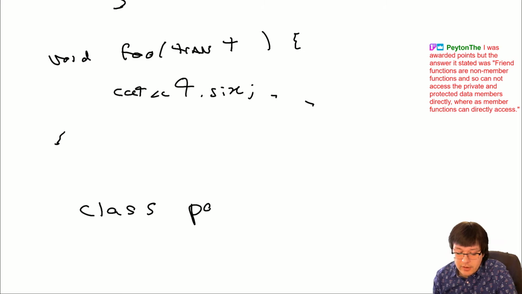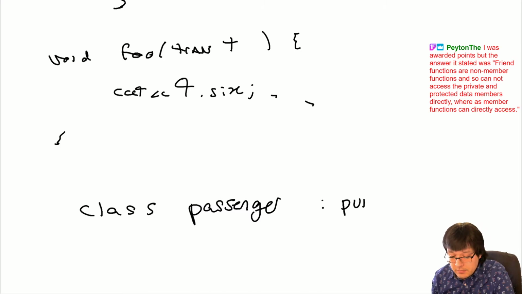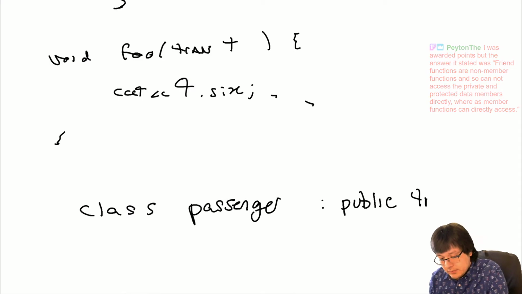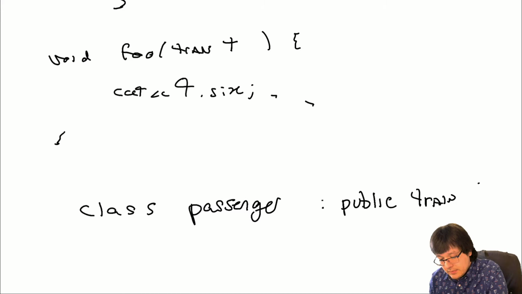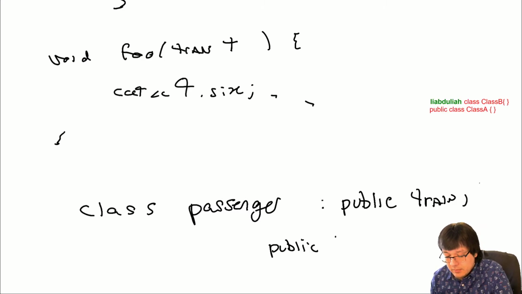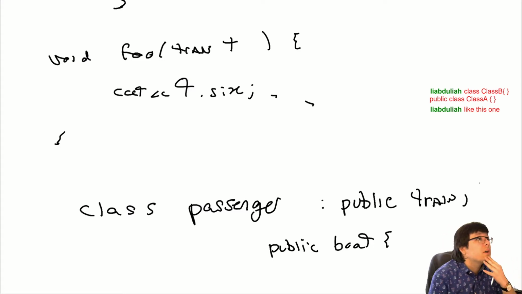If you're inheriting the train class in passenger, you say something like class passenger colon public train. This would be inheritance right here. You can do multiple inheritance by putting a comma between each of the inheritances, like public, I don't know, boat. Let's say that's another class that you're inheriting. So that's maybe what you're talking about.